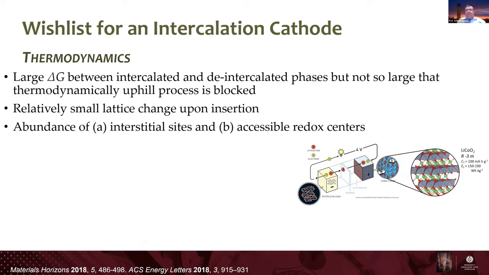We would like to have a relatively small lattice change upon insertion, because if there are very large changes going on, that will inevitably result in damage and mechanical stresses being built up. And ideally, for an intercalation cathode, you'd like to have interstitial sites where ions can come in and sit, and accessible redox centers.